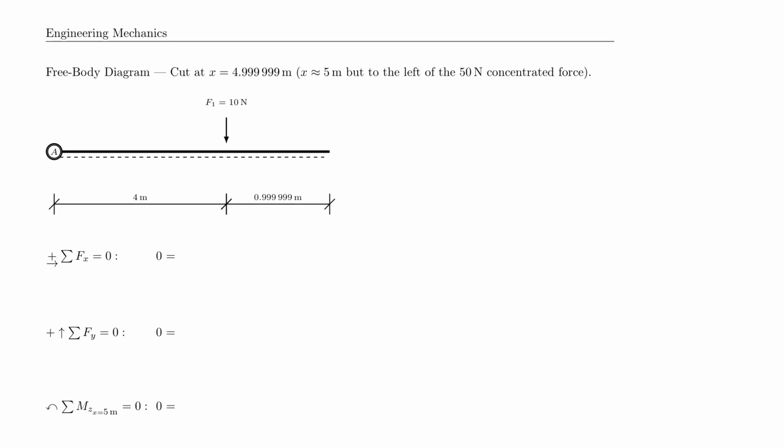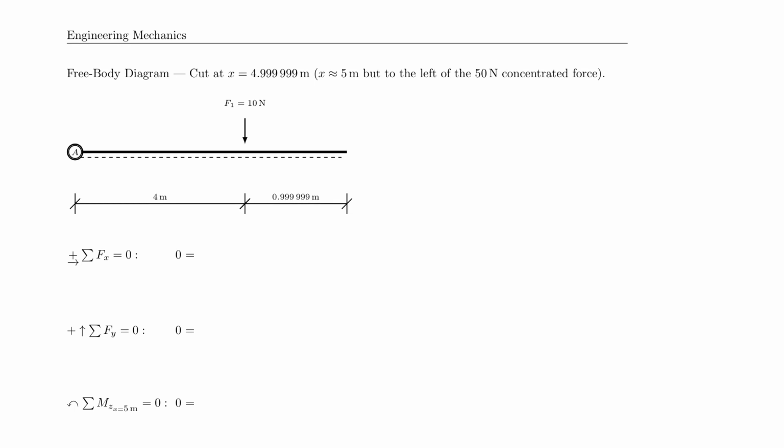And as always, we have to bring in our external forces first. So let me start here with RAY, which I believe was 11.3, and my horizontal support reaction was equal to 43.3, pointing to the right. Now I want to bring in my cut.